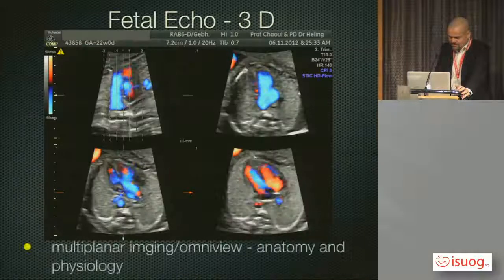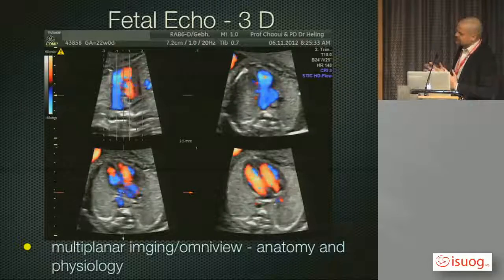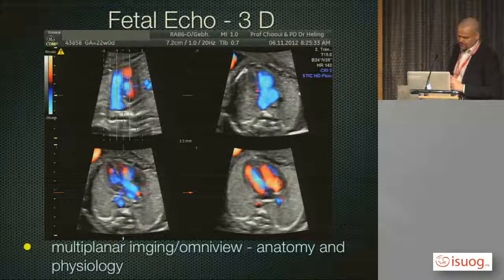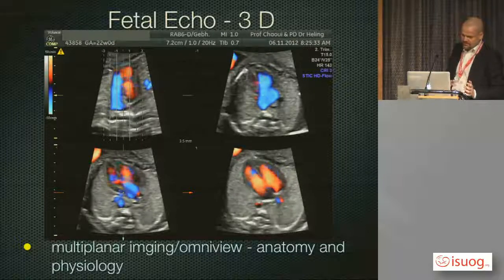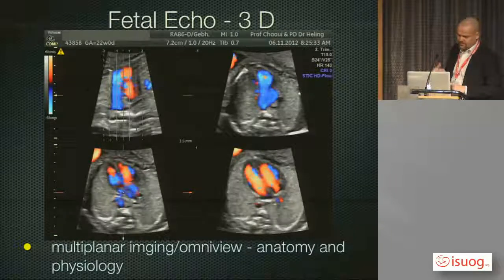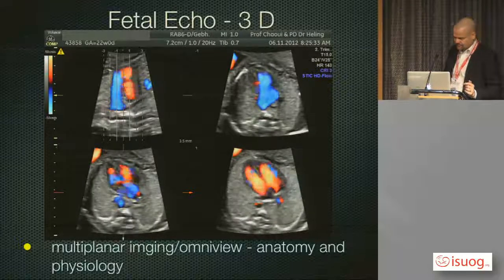And you can explain the 3D volume as a multiplanar image, and in these three images you see in red the diastolic filling of the ventricles, and on the left the left ventricular outflow tract, and on top of the four-chamber view the right ventricular outflow tract with both arches on the left side.